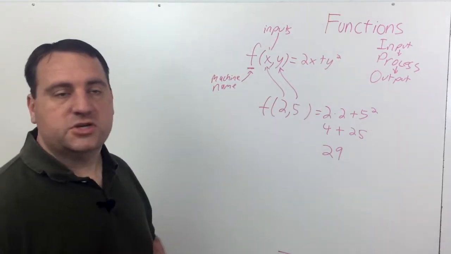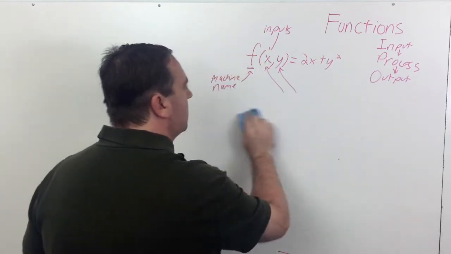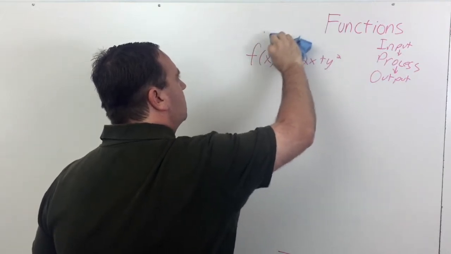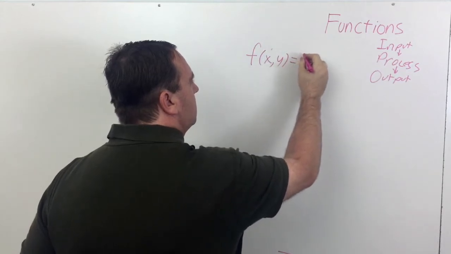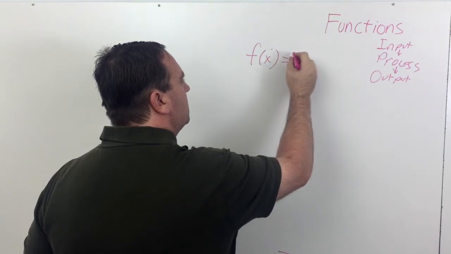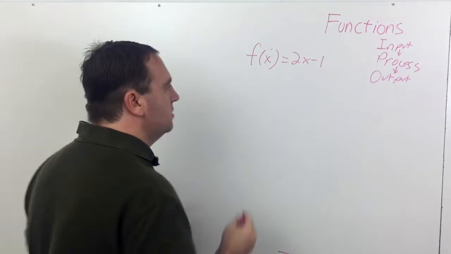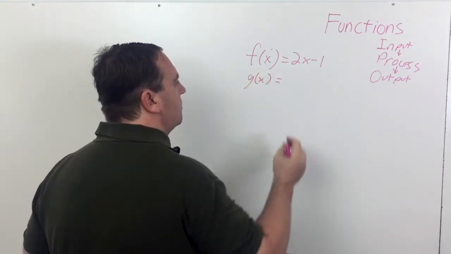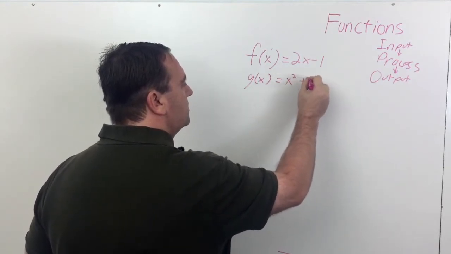And you can have more than one machine. We can have another machine. Let's go back to where f of x is equal to, let's change f of x to be 2x minus 1. So let's introduce a new machine, and we'll have g of x equals x squared plus 3.